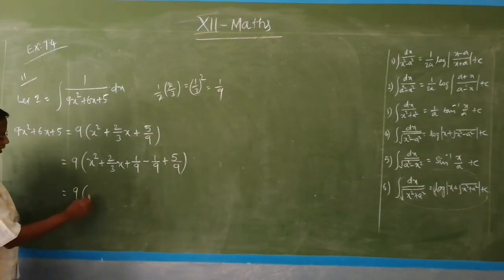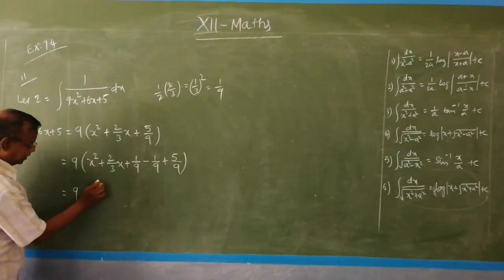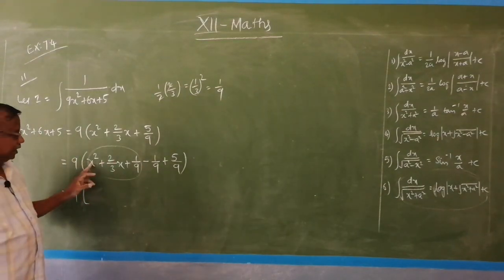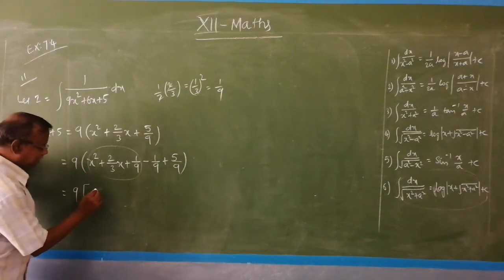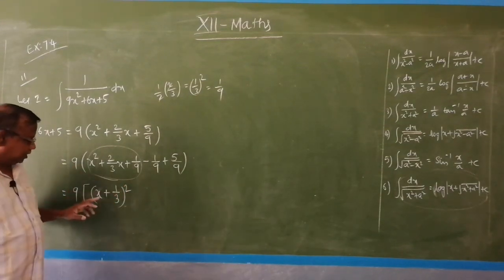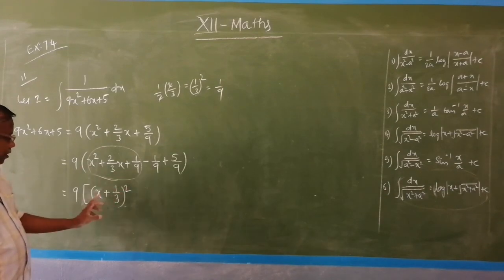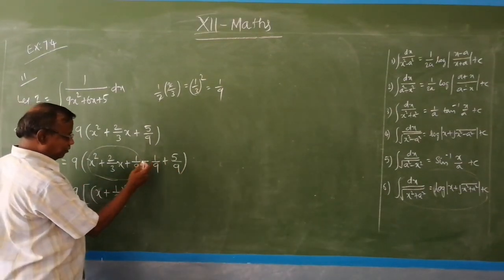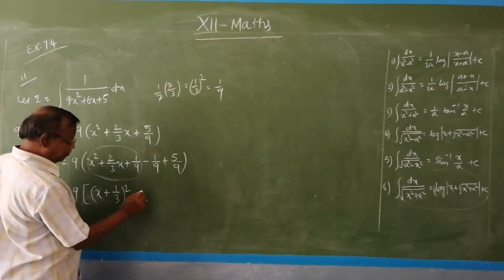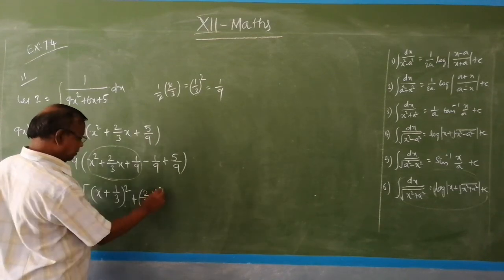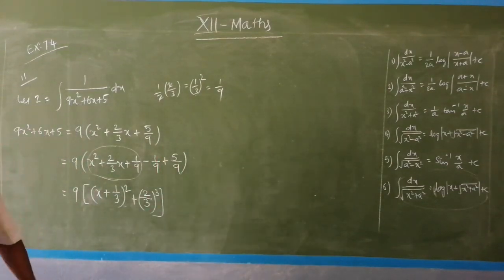This is equal to 9 into, here this is in the form of a square plus 2ab plus b square, that is x plus 1 by 3 the whole square, that is a square plus b square plus 2 into ab, and it is plus 5 minus 1 equal to plus 4 by 9, that is plus 4 by 9 means 2 by 3 the whole square. We can substitute this.